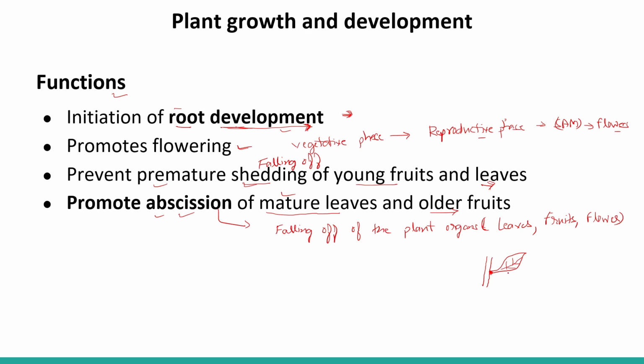So here an abscission layer is formed. Due to the formation of the abscission layer, the leaf is detached from the main axis and falls on the ground. So this is known as abscission.